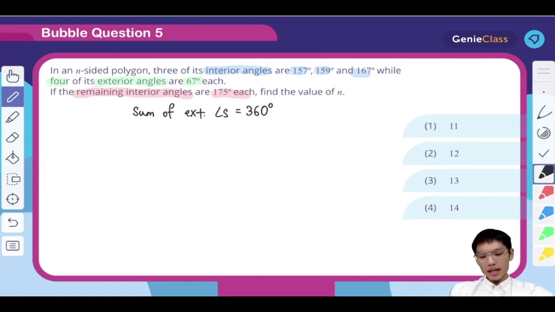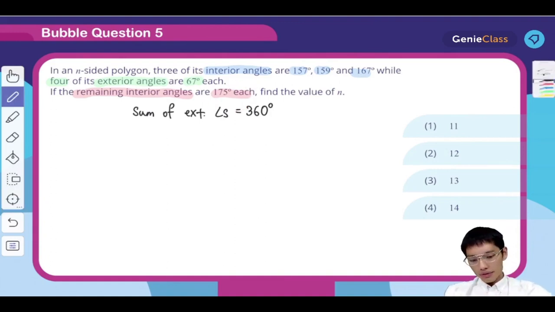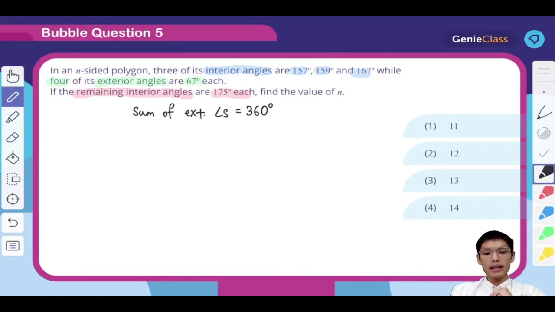Remember, sum of exterior angles is 360. What does it mean? The exterior angle involving this one, and the rest over here, the exterior angles equal 360. So let's form my equation and see how it goes, alright? So I have my first one. Recall exterior angles is just subtracting from 180.